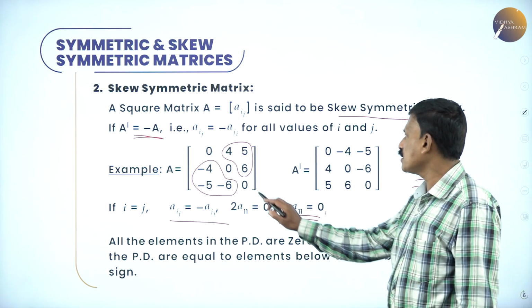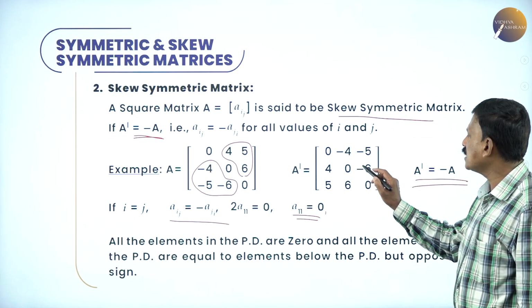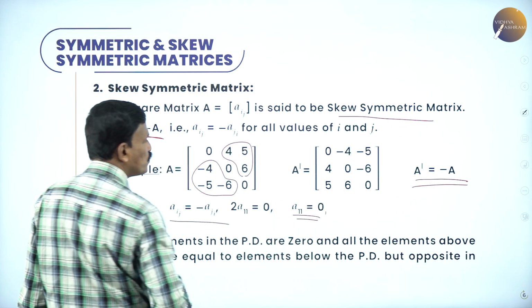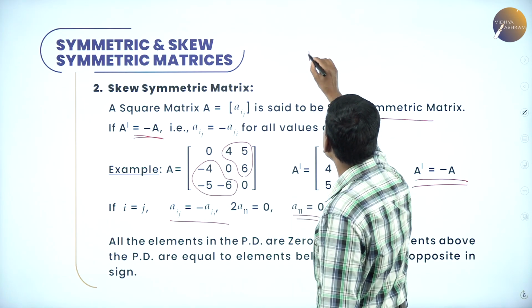So all the elements in the principal diagonal are zeros and the elements above the principal diagonal must be equal to elements below the principal diagonal, but they are opposite in sign. Let us take one more example for a skew symmetric matrix.